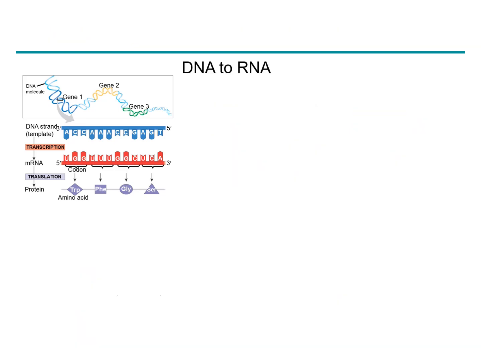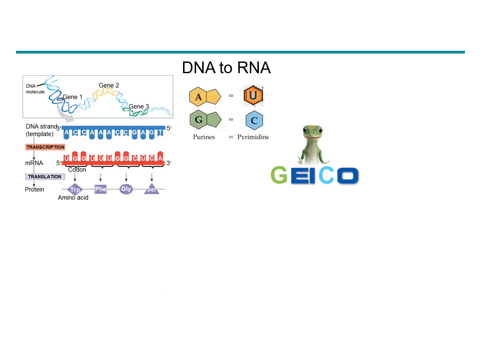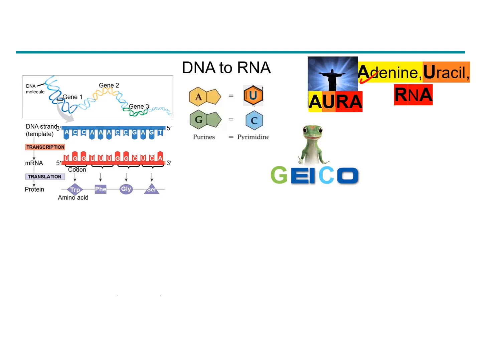In the same way, to go from DNA to RNA, you know that there is a small change. The T is replaced by a U, and again, I use mnemonics, so the Geico symbol still works. However, I now use aura as a way to remember that A and U always go together in the RNA.